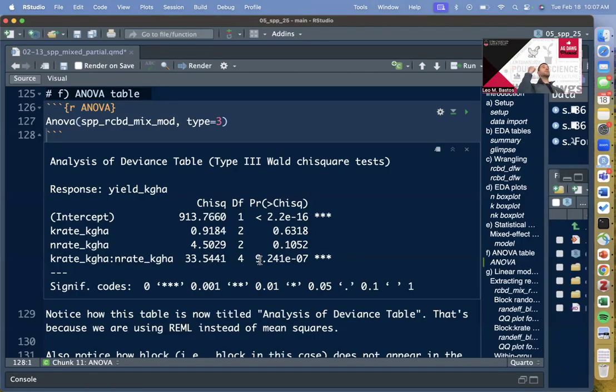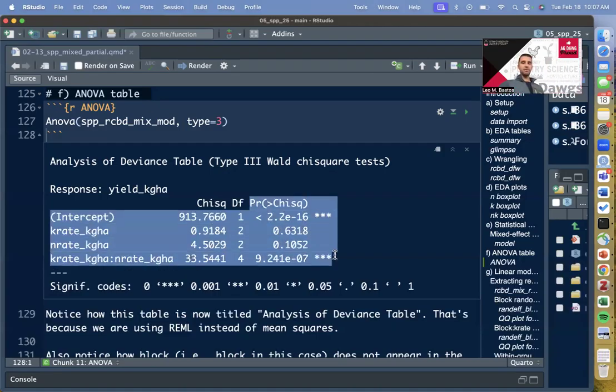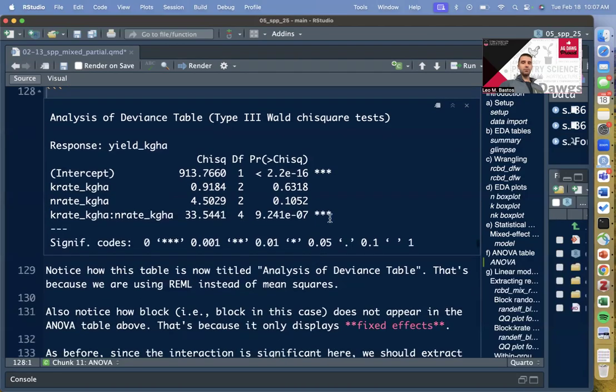The error is what we use to test the F ratio of potassium or nitrogen or the interaction, so the denominator degrees of freedom is basically the degrees of freedom of the error testing that part of your fixed effect. I'll follow up with you on how to check that, but it's a really important step.